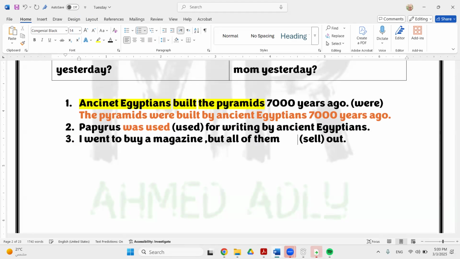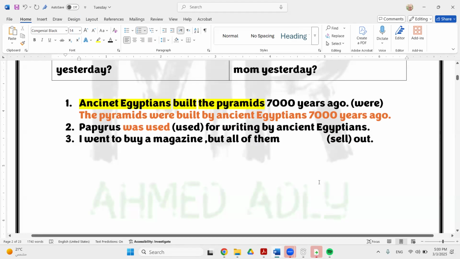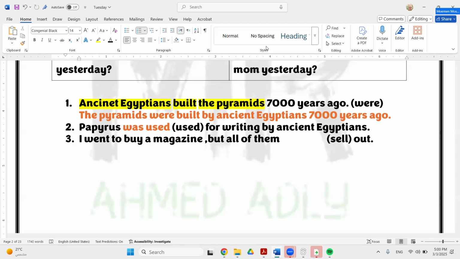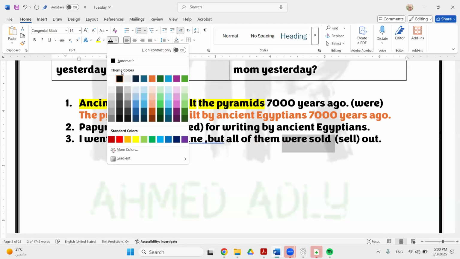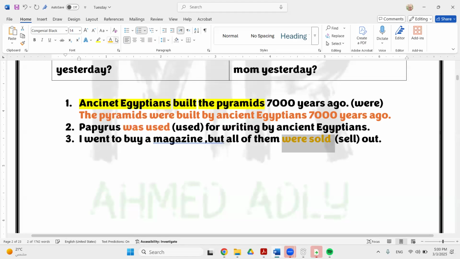So I need to use a passive form. I went to buy a magazine, but all of them were sold out. Were sold out means all of them have been sold. I mean here all the magazines were sold out.